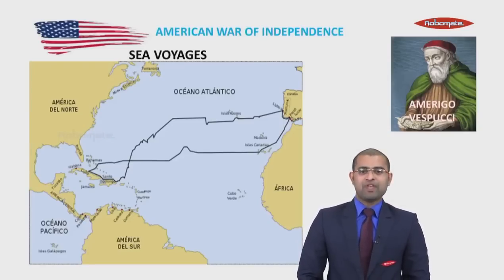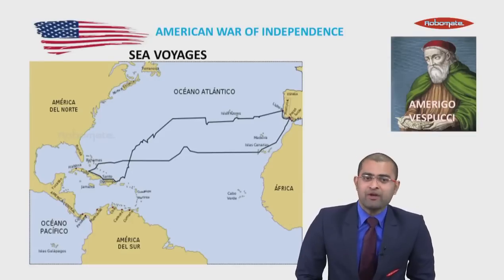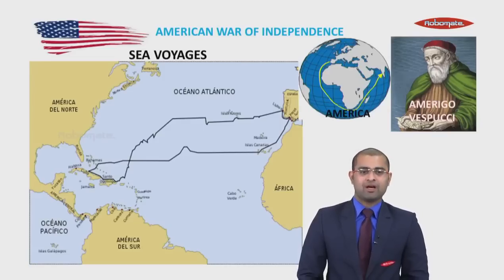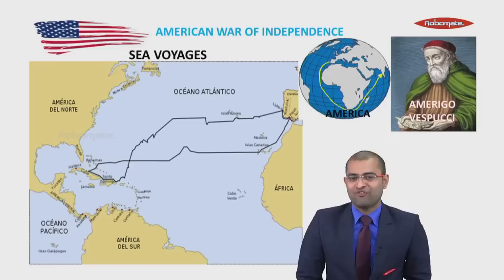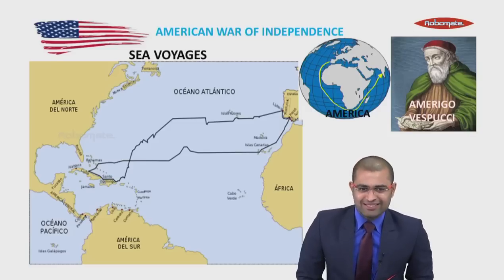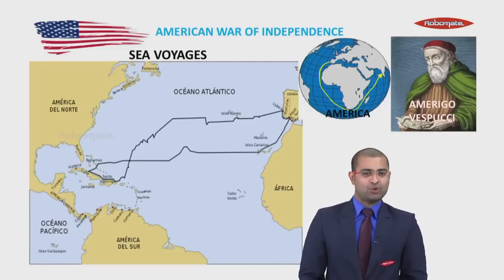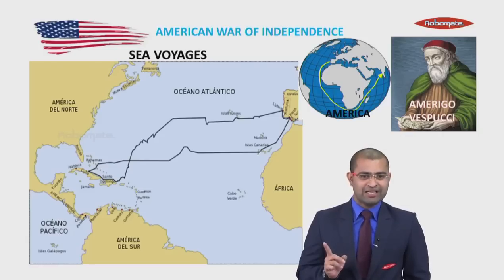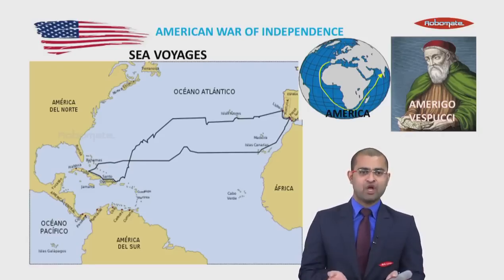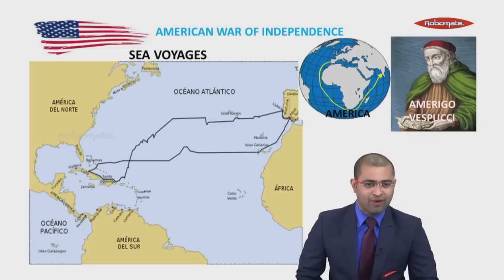Students, if you remember, there was a sea voyager known as Amerigo Vespucci. He was the first person to discover this new piece of land, America. Once he discovered this land, Europeans came to know that towards their leftward direction, there is a completely new piece of land which is not occupied by anyone.